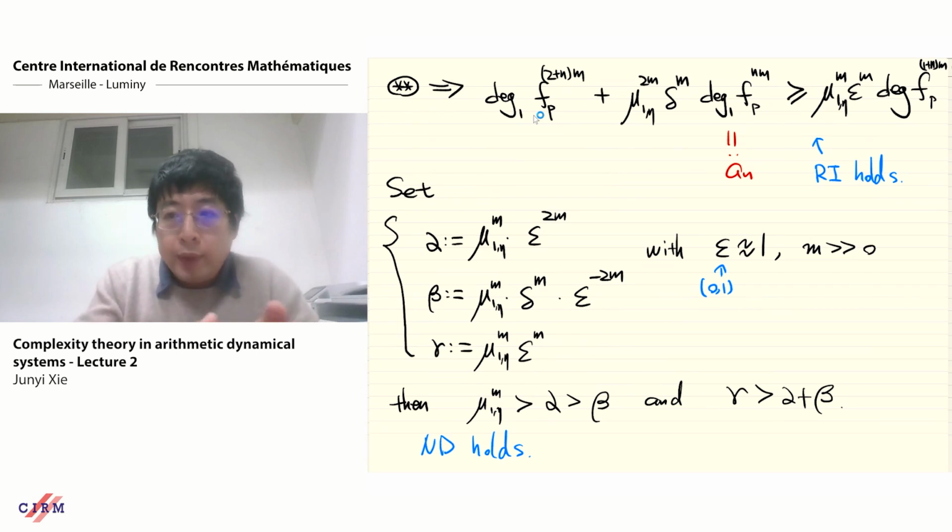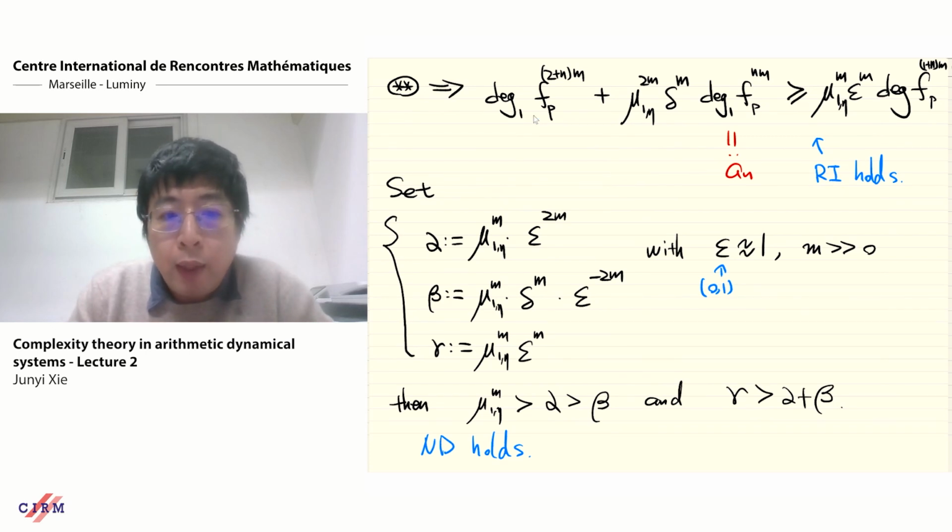So we set alpha, beta, and gamma. Here we ask alpha to be mu1 eta^m times epsilon^{2m}. Beta is mu1 eta^m delta_m epsilon^{-2m}. And gamma is mu1 eta^m epsilon^m.